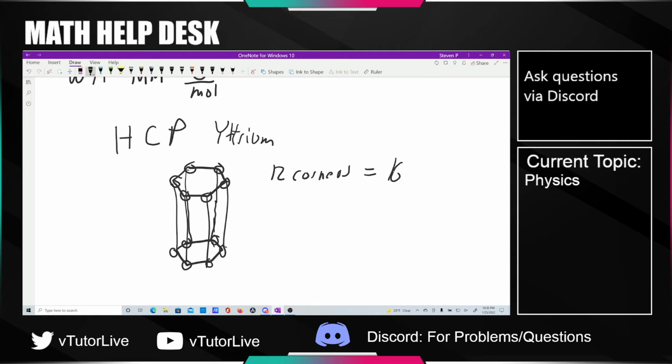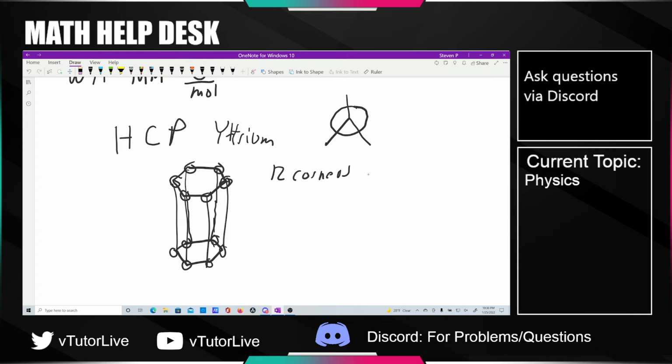And the way you can think about that is, in close packing, it's an ABC arrangement. Like the B arrangement has the center atom and then six other atoms around that one atom.